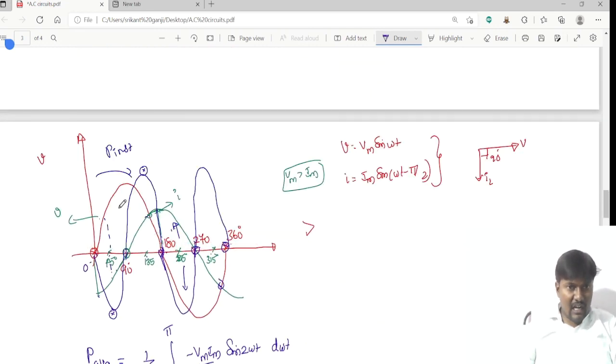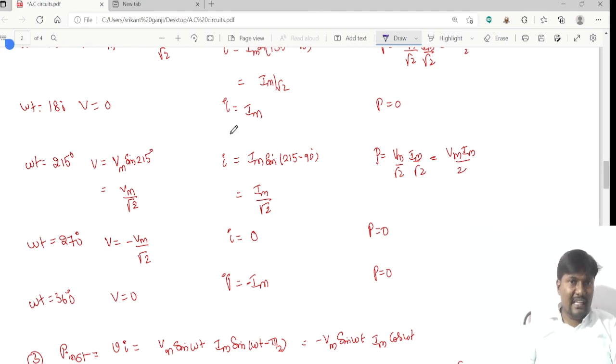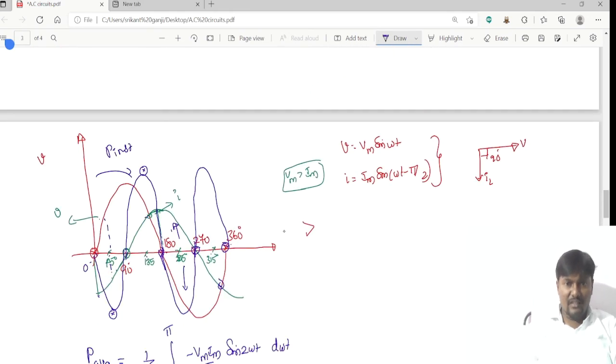And I drew these waveforms based on these values. Take these values and make a comparison table, and take degrees on the x-axis. So on the x-axis it is omega t. On the y-axis you should draw the instantaneous voltage, instantaneous value of current and instantaneous value of power. Positive into positive will be positive, here positive into negative is negative maximum, and here positive into positive is positive maximum.